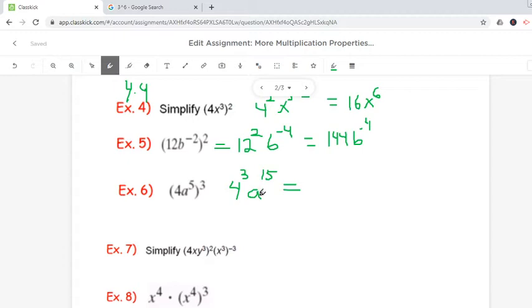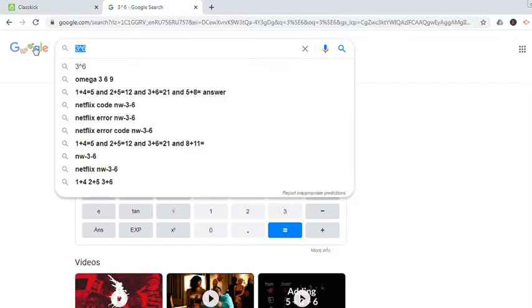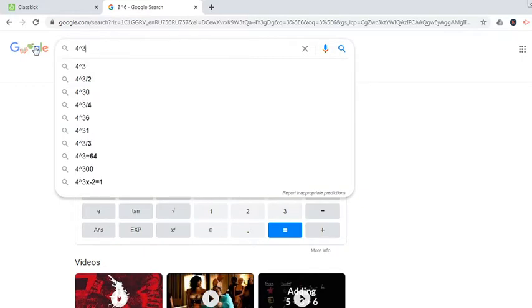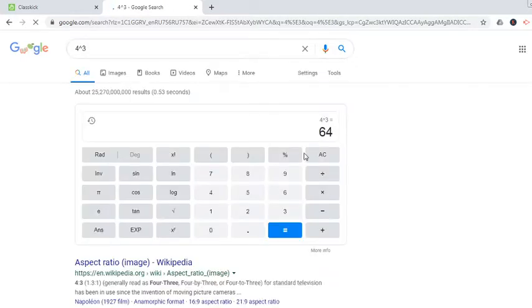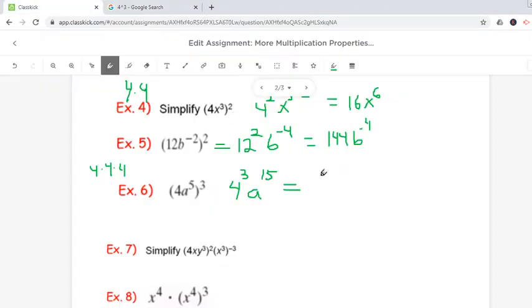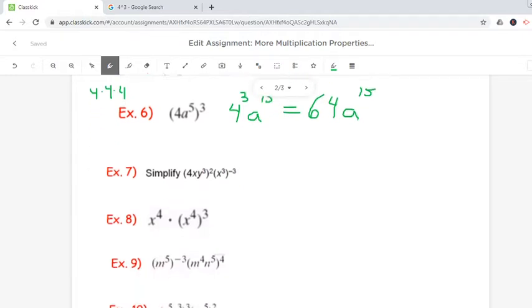And then 4 cubed. So 4 cubed is 4 times 4 times 4. So what is that? 4 cubed? 64. So 64 a to the 15th. Okay.